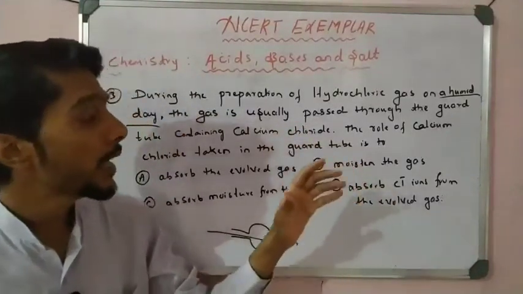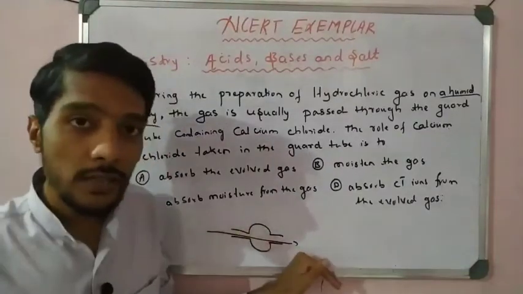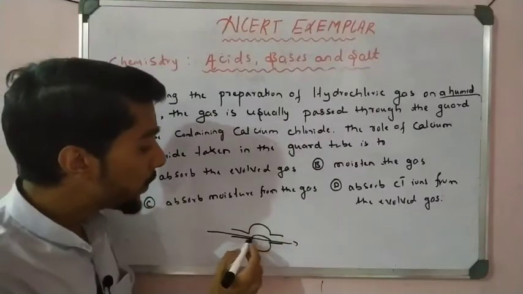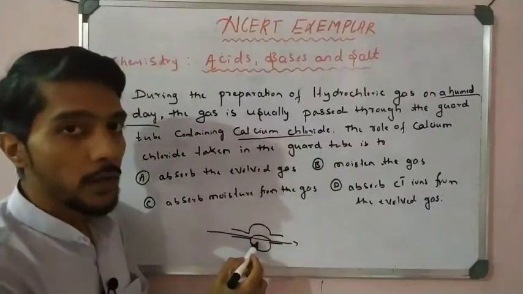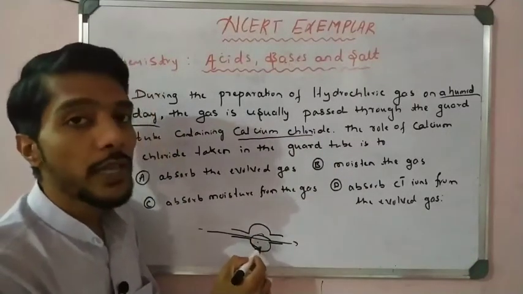In that condition such guard tubes are used, and before the gas comes out, it reacts with a substance called calcium chloride. So when the gas is passed through the guard tube, it first passes through the calcium chloride.